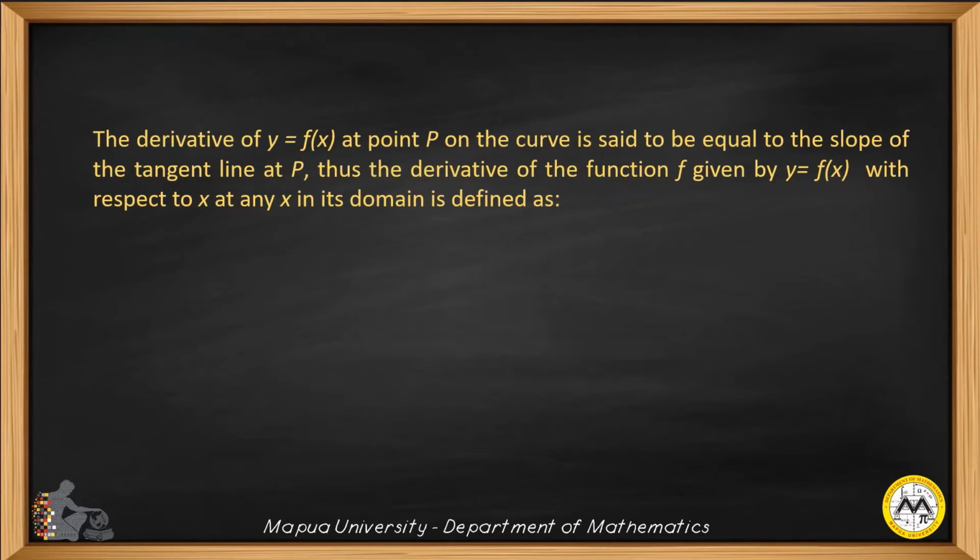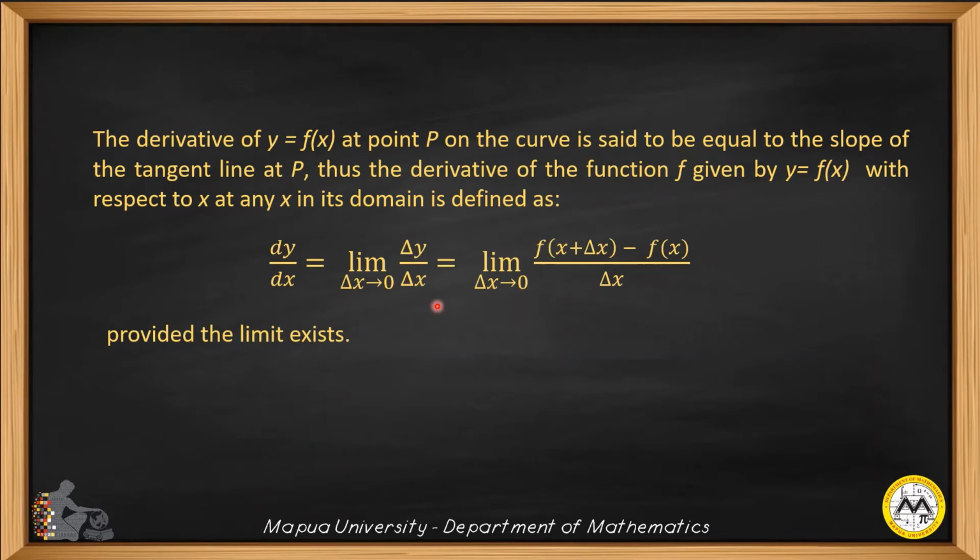The derivative of the function y equals f of x at point P on the curve is said to be equal to the slope of the tangent line at P. Thus, the derivative of the function f given by y equals f of x with respect to x at any x in its domain is defined as follows.